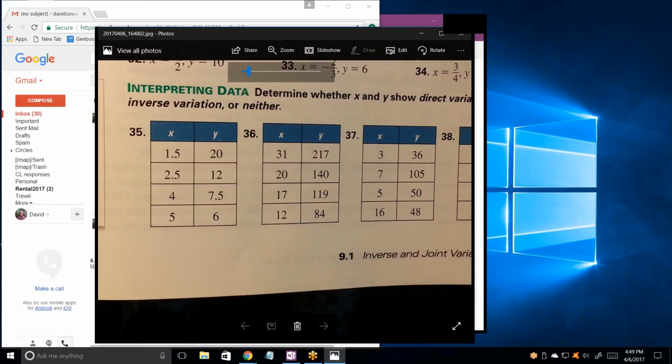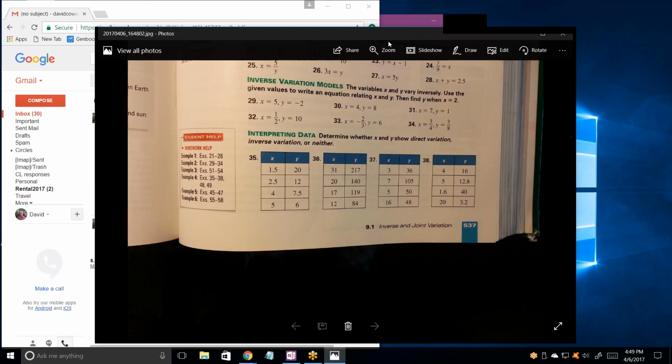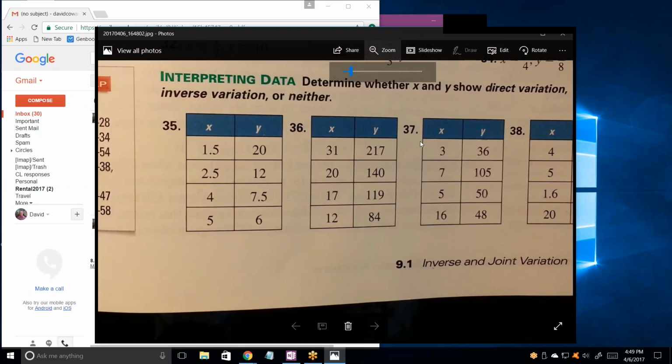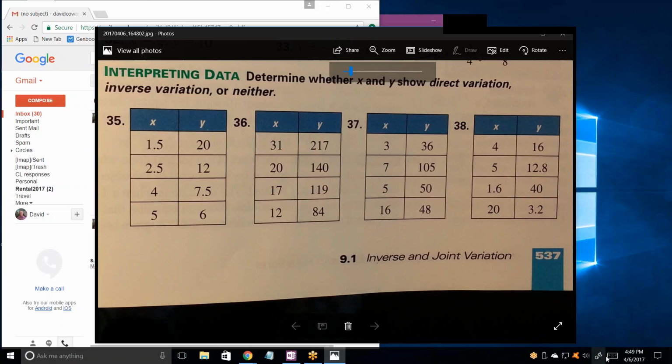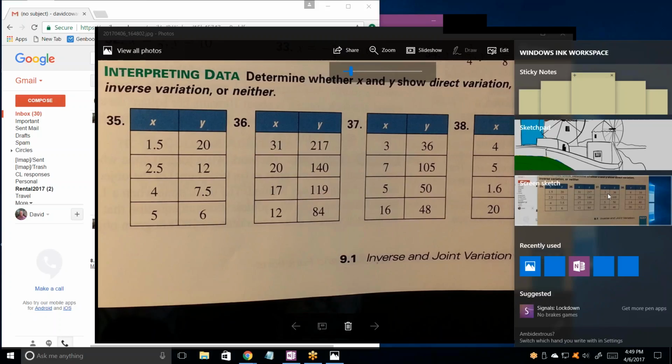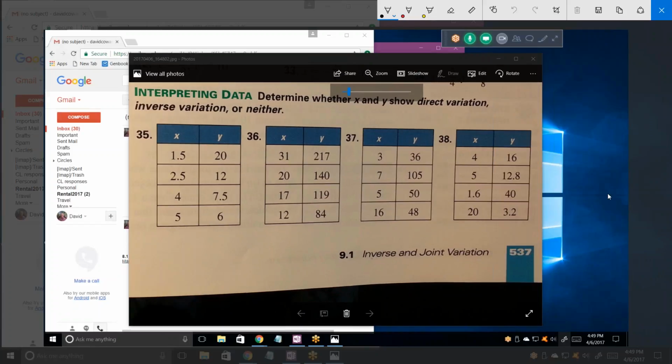Let's see. Let me put all four of them on there. Zoom in again. Okay, perfect. I had this capability and I never knew it until just the other day when I was playing around with it.